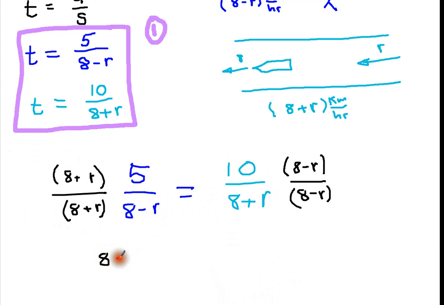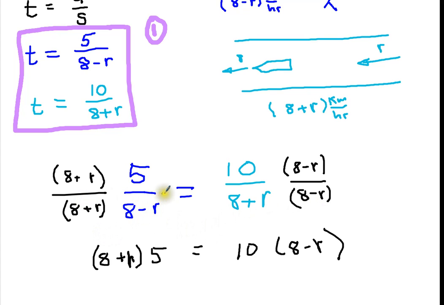And so I can just say that 8 plus r, that's an r, times 5 is equal to 10 times 8 minus r. And we just need to concern ourselves with, are there any restrictions on r?